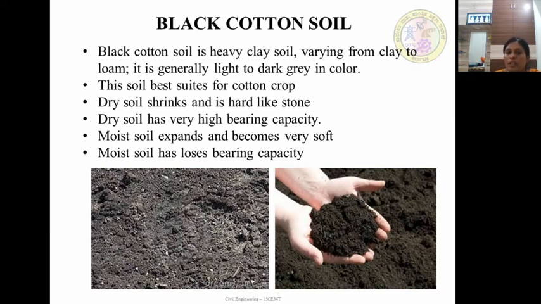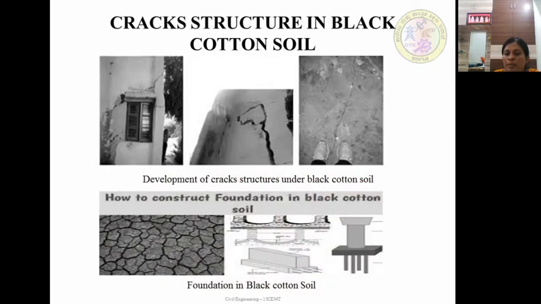Due to its expansive characteristics, this soil increases in volume to the extent of 20 to 30% of its original volume and exerts upward pressure. The upward pressure becomes so high that it tends to lift the foundation upwards.